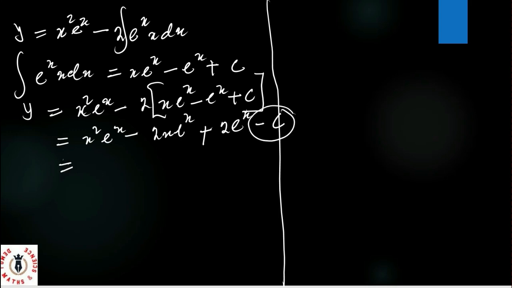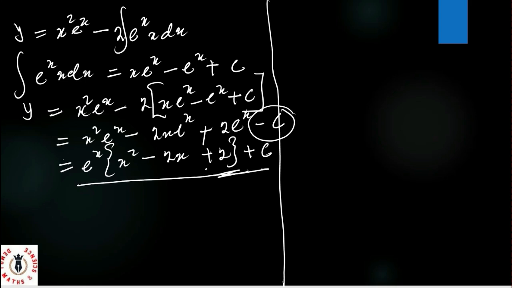I can now bring out a common term, e raised to power x, and have e raised to power x times x squared minus 2x plus 2, plus c. We now have this from integration by parts.